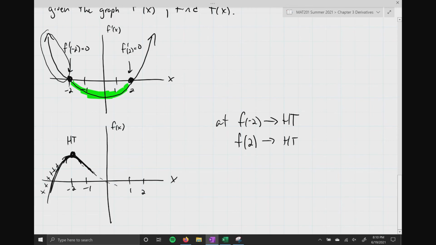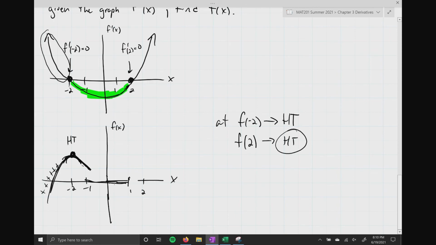But eventually, they start to go back up. So I have to have negative tangents, but then it has to start coming back up somewhere. It has to turn the corner somewhere, because I know I have another horizontal tangent at f of 2.